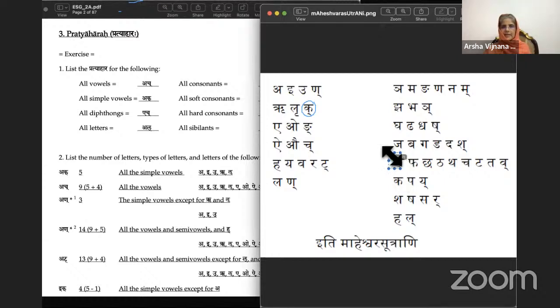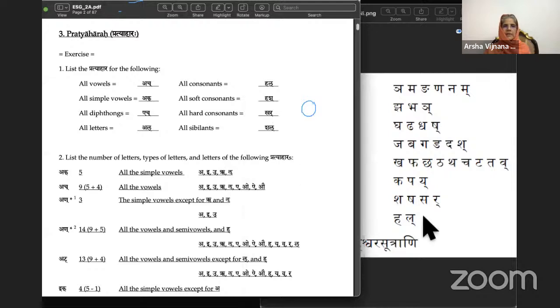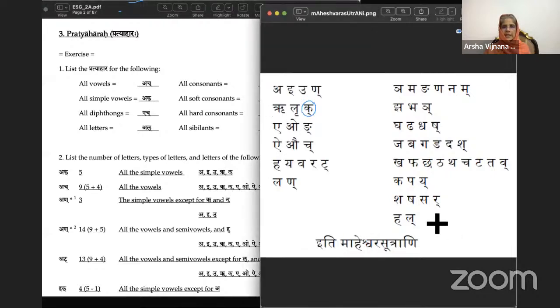And Ra is in the seventh row, the last one of the seventh row. And you see how it selects class 1 and class 2 of each consonant, each group: kha, pha, cha, tha, ta, ka, pa. Okay.